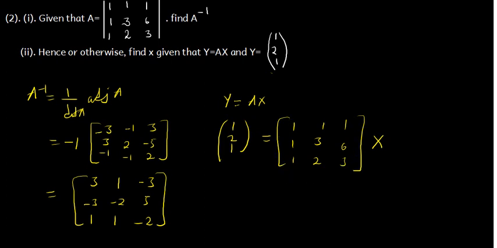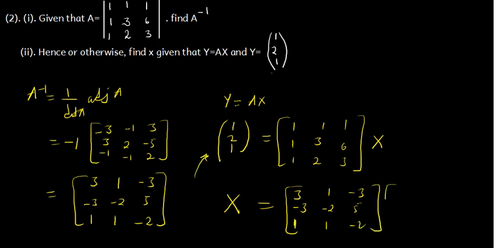We are going to remain with x alone, so I'll just write x, and then this side I'll just multiply by the inverse of the first matrix, because this matrix A, its inverse we've already found, that's the one here. So we'll just write 3, negative 3, 1, and then we've got 1, negative 2, 1, negative 3, 5, negative 2, and then we're multiplying by this matrix, which is 1, 2, 1.